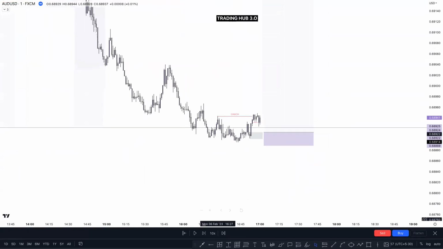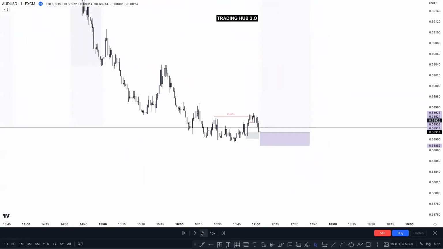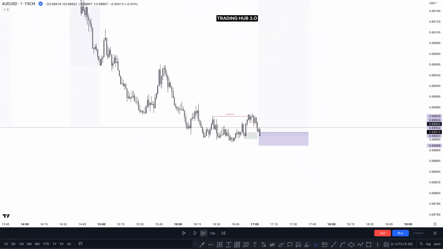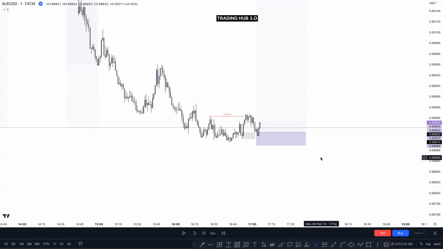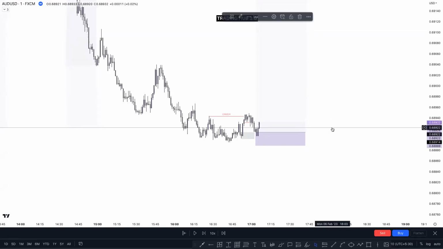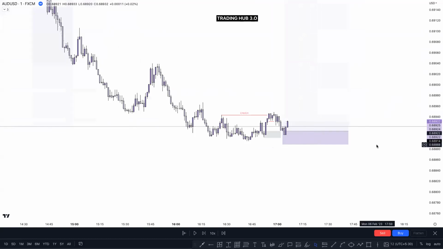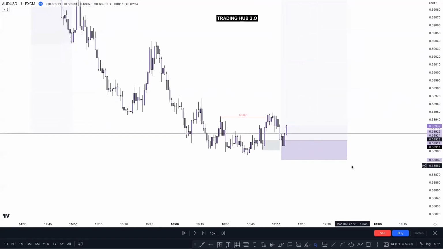Okay, let's see. All right, market mitigated our order block here. Okay, and let's see. Okay, candle closed over it. So in this case, how can you deal with this situation? Simply, you can take entry based on a single candle order block also, right? But these two candles' lows are equal here, right?